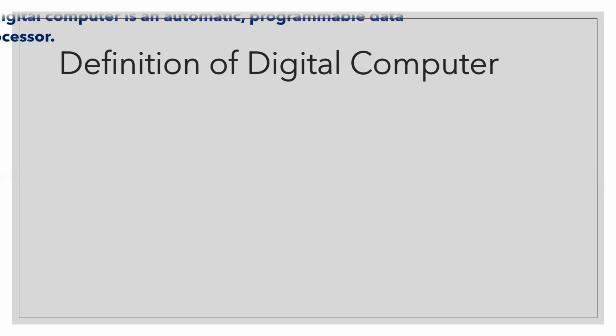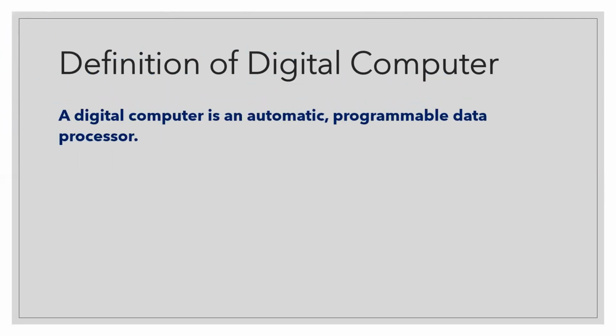We can say a digital computer is an automatic programmable data processor. So after getting this definition, some questions may be arising in your mind.